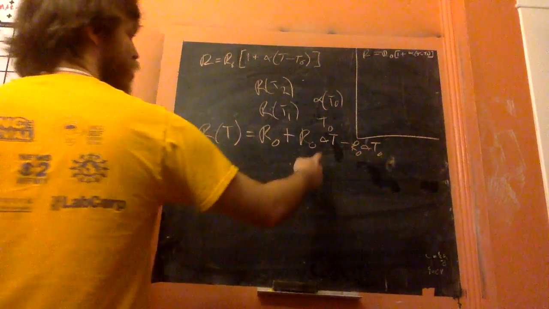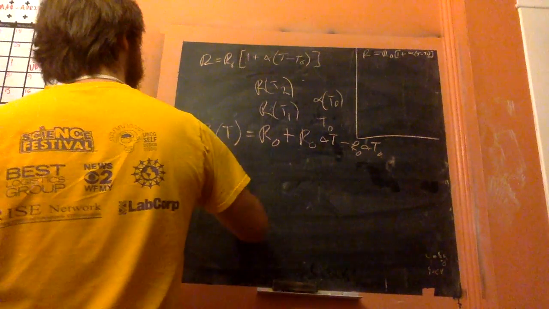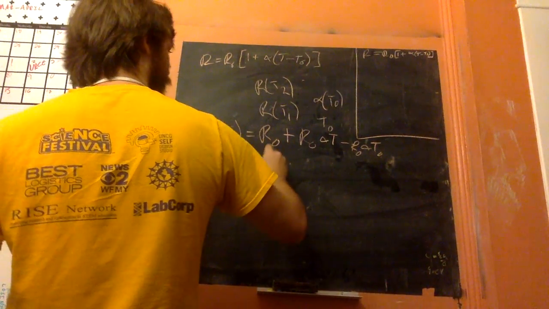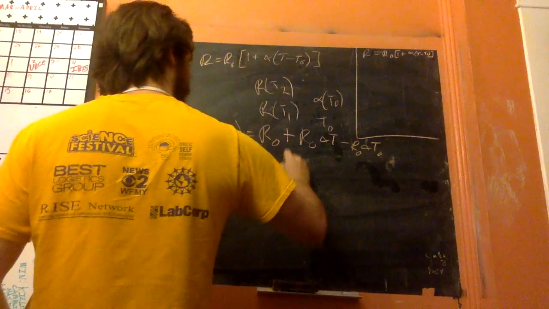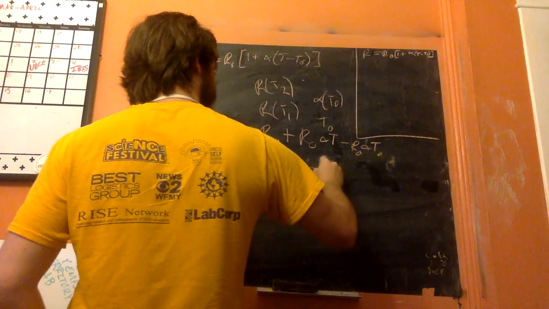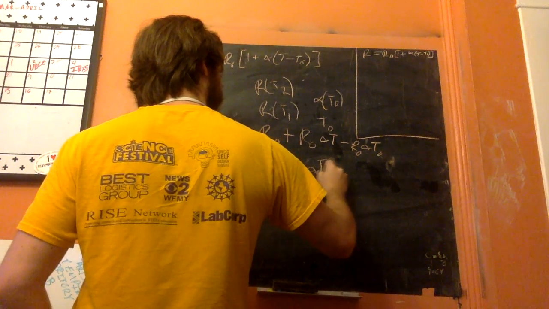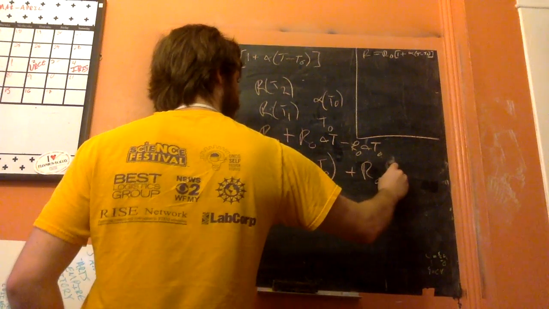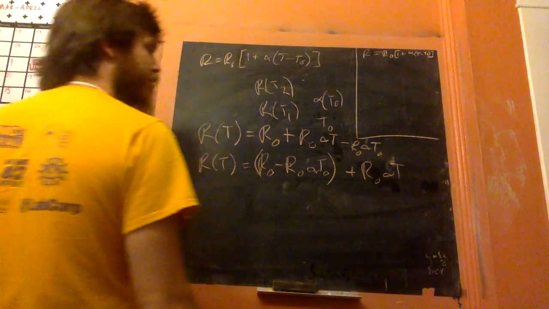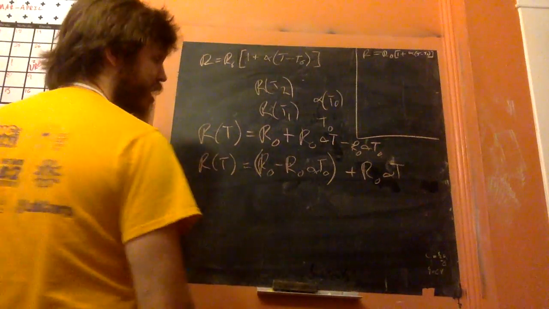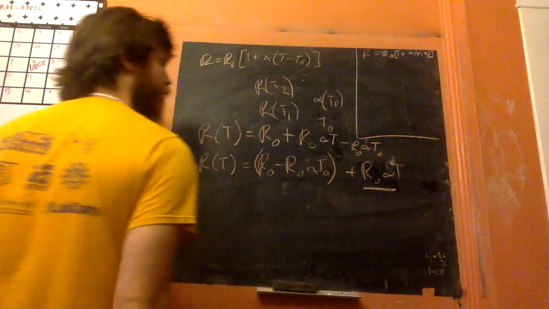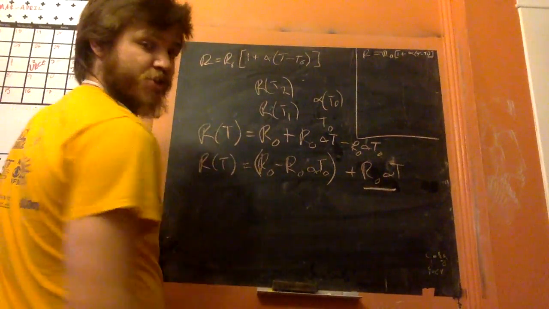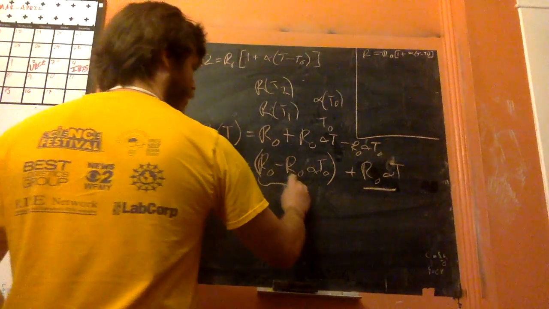And I'm going to move this over in terms of just t, so we get R of t is equal to R0 minus R0 alpha T0 plus R0 alpha t. So what we see here is that the slope of this line is R0 alpha, and the rest of it doesn't amount to anything other than a constant.